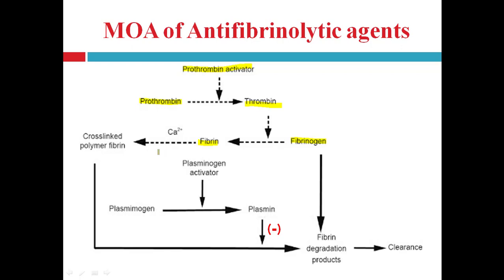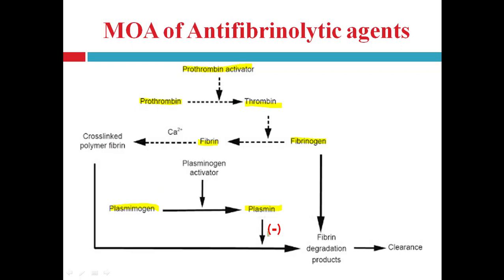Now, in this process, plasminogen, the inactive form, gets activated by plasminogen activator and converted into plasmin. And this plasmin causes the degradation of this cross-linked polymer.